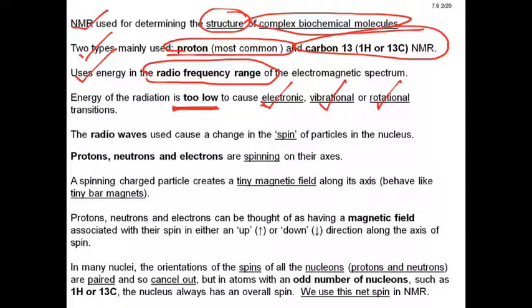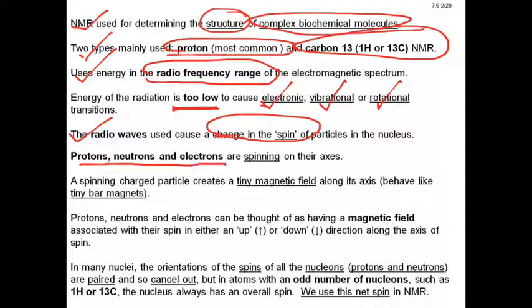These ones here are the IR ones. The radio waves, on the other hand, they cause a change in the spin, or just read that term to mean the magnetic properties of the particles in the nucleus.